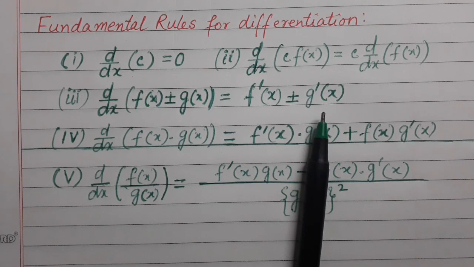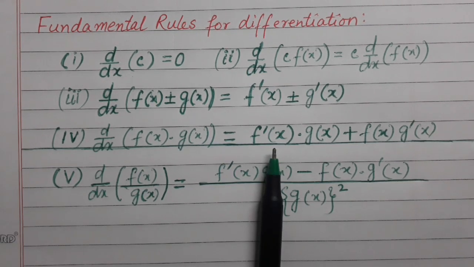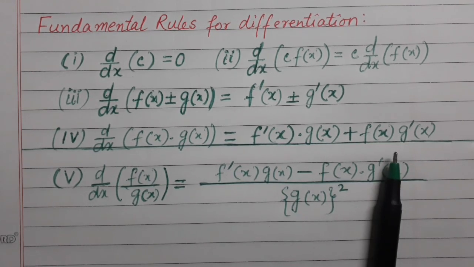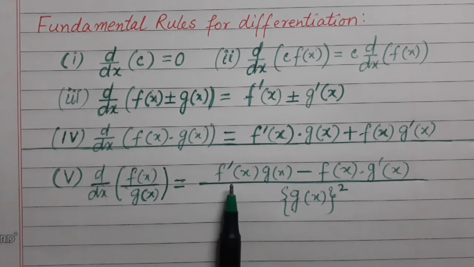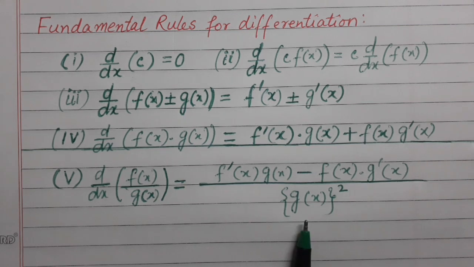Here f'(x) means d/dx of f(x). Now the fourth one is d/dx of f(x) times g(x), which is also known as the product formula, equal to f'(x) g(x) plus f(x) g'(x). The fifth one is d/dx of f(x)/g(x), which equals [f'(x) g(x) minus f(x) g'(x)] divided by the square of g(x).